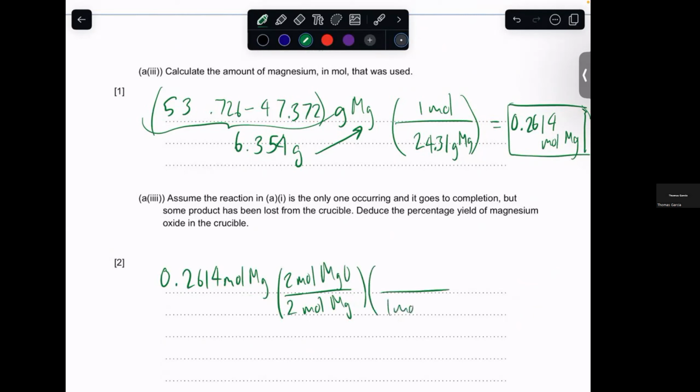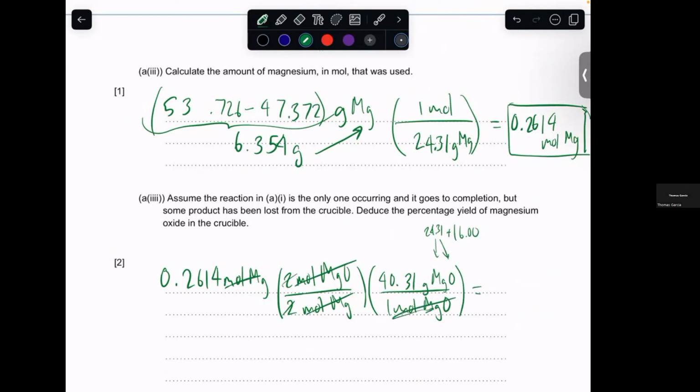And for every 1 mole magnesium oxide, I have a mass of 40.31 grams magnesium oxide. And that is just our mass of each of those, 24.31 plus 16.00. So doing this stoichiometry, the 2 cancels the 2, mole magnesium cancels mole magnesium, and mole magnesium oxide cancels mole magnesium oxide.